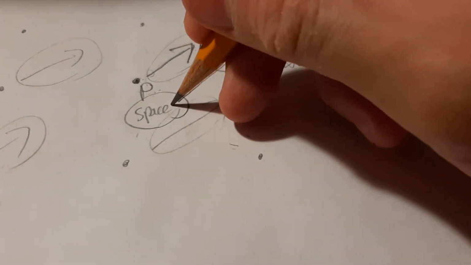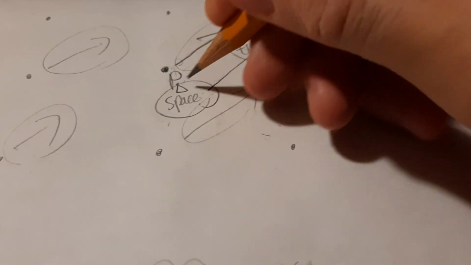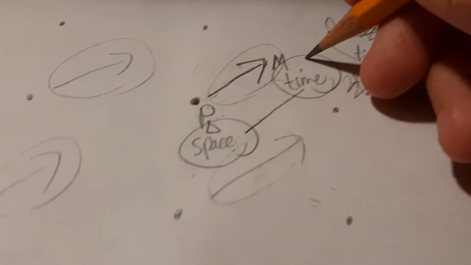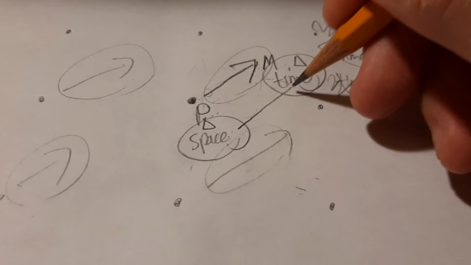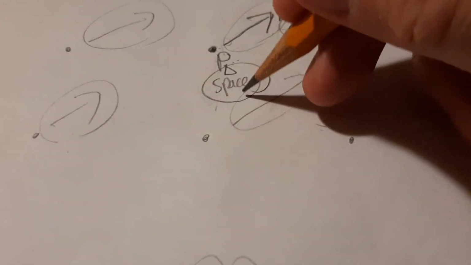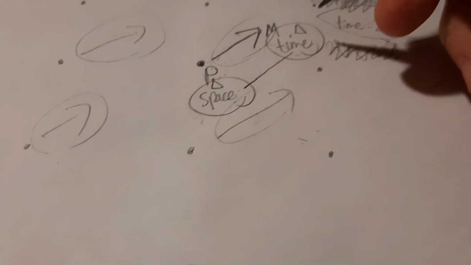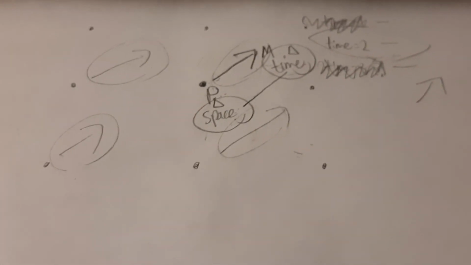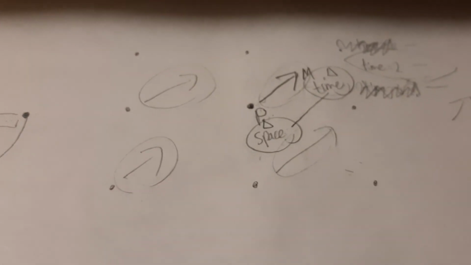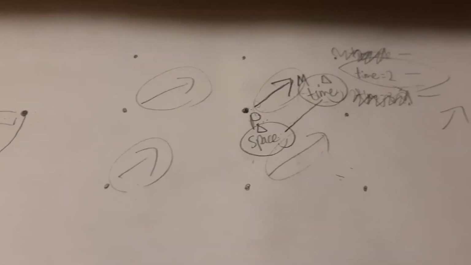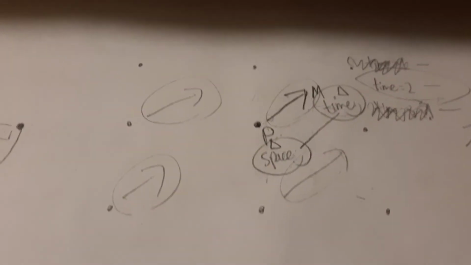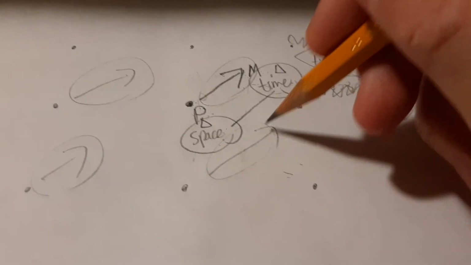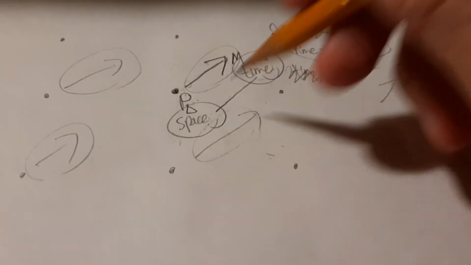It's a change of space, delta space, and then change in time, delta time. There's some sort of relation between space and time that I don't know enough about to explain it. I'm pretty sure someone knows about it and someone wrote about it. I'll do more research as well, but if someone does know, let me know in the comments.